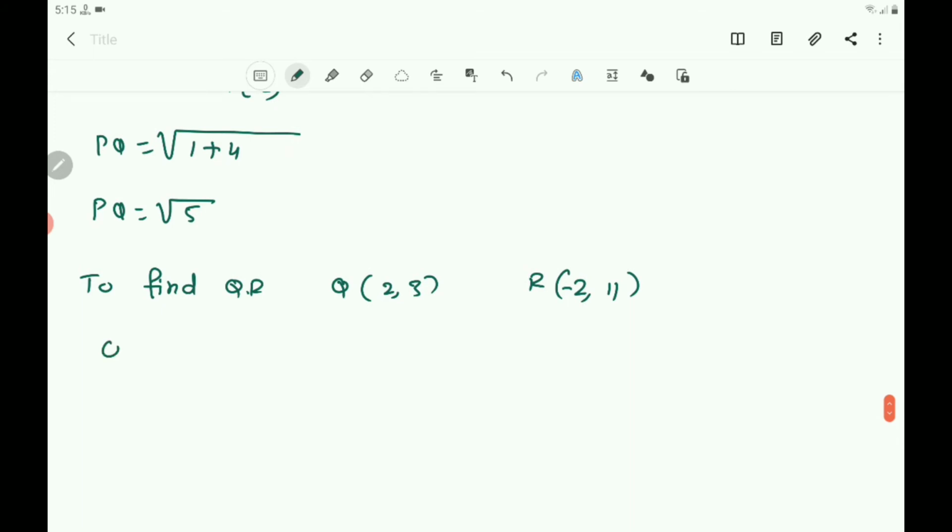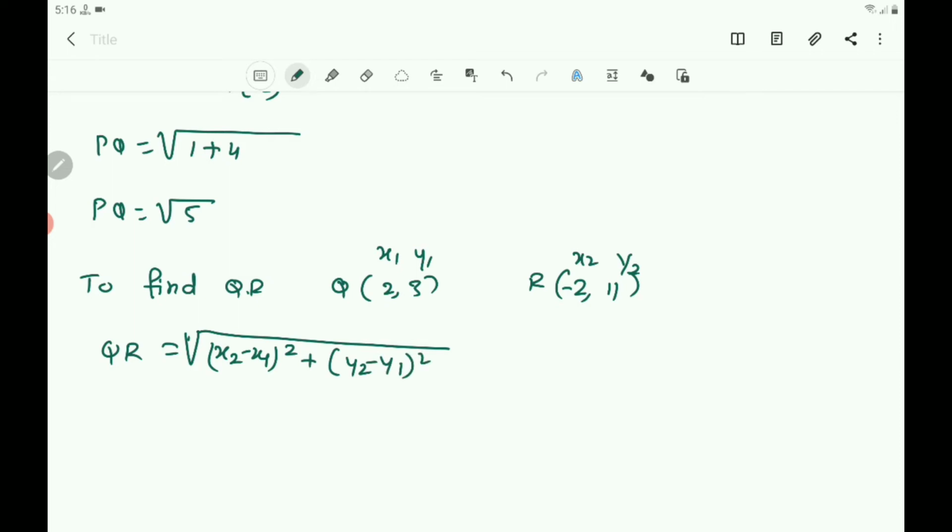Now you write QR, and consider these as x1, y1 and x2, y2. Then you write the distance formula: square root of (x2 minus x1) whole square plus (y2 minus y1) whole square.